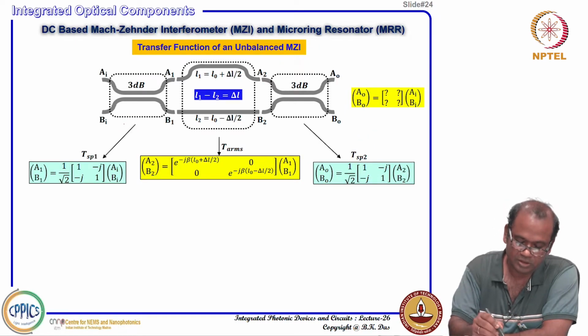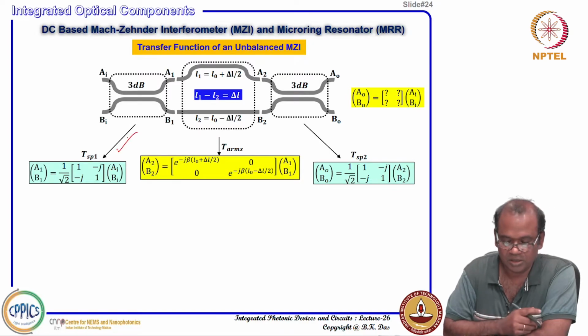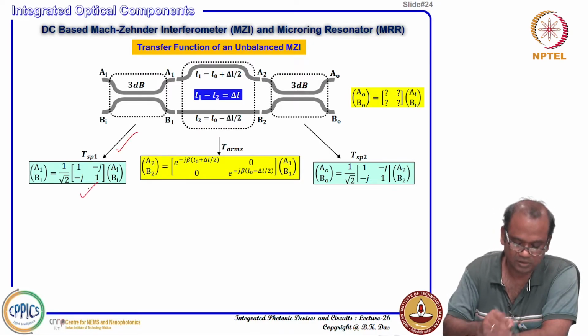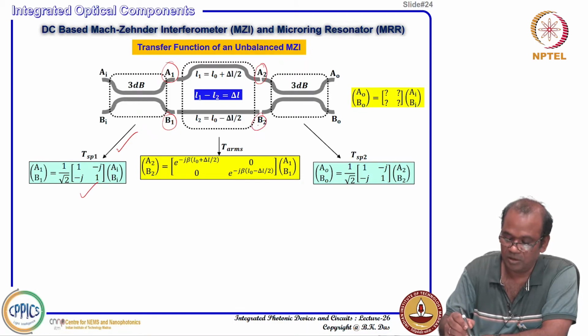This is the transfer matrix for splitter 1, a standard 3 dB power splitter. I have annotated the same way: A1, B1 is the output, and whatever comes here, A2, B2, will be the input to the second directional coupler.